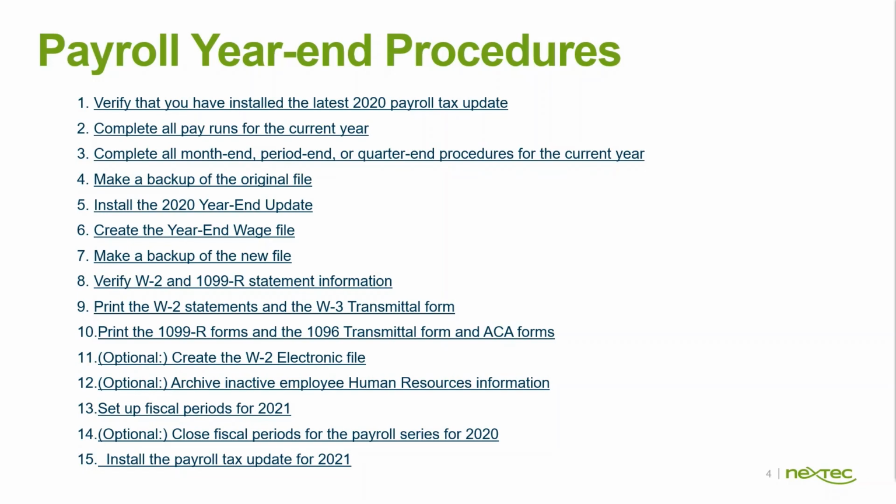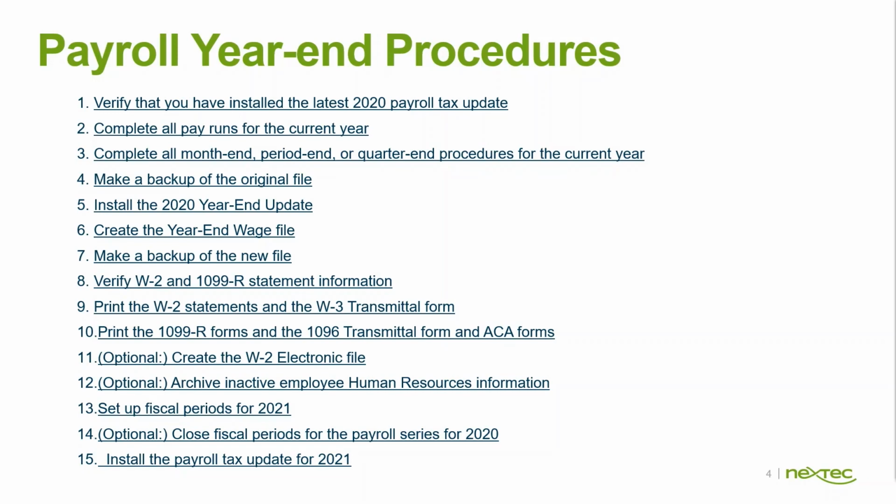Create the year-end wage file. Make a new backup. And at this point in time, you would probably want to start verifying your W-2s and your 1099-Rs. You can also go ahead and install the payroll tax update for 2021 at this time if you need to go ahead and start your payroll for 2021.